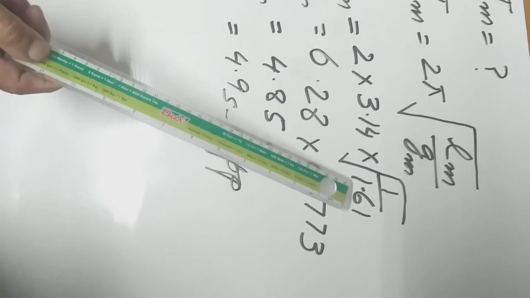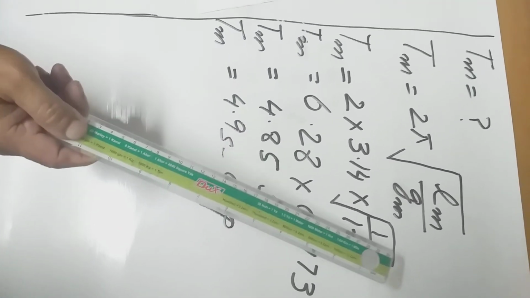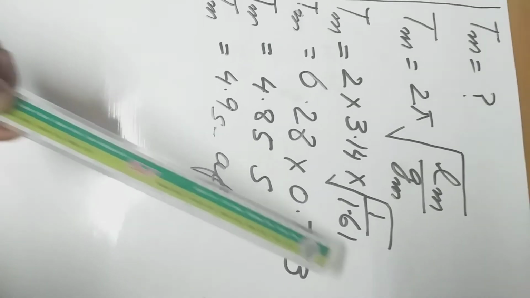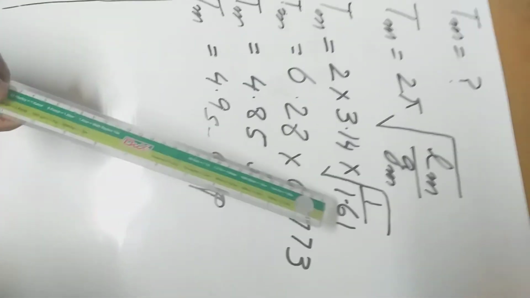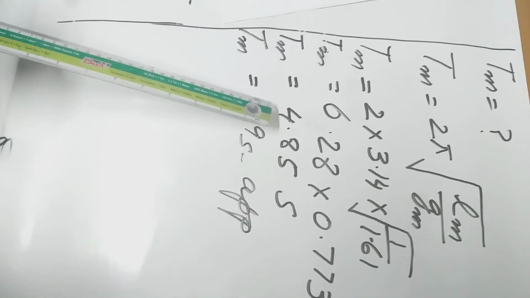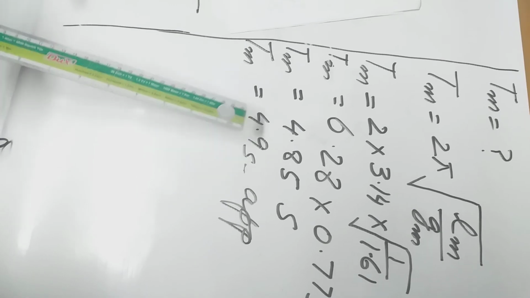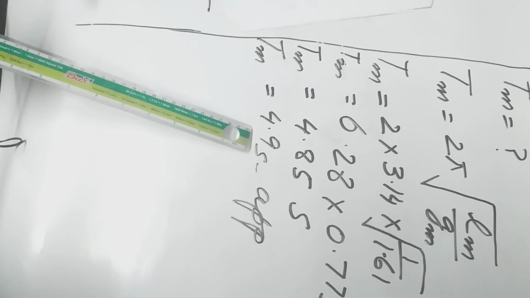Now place the value and take the square root of this whole. After solving, take the square root and when we multiply both of them, it comes 4.85 second. Approximately it can be written as 4.9 second.